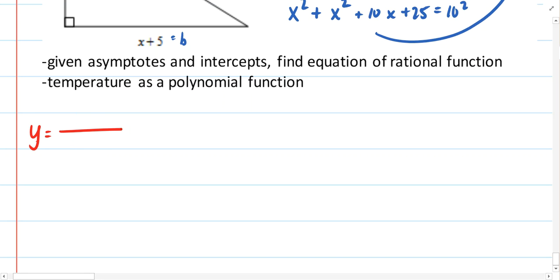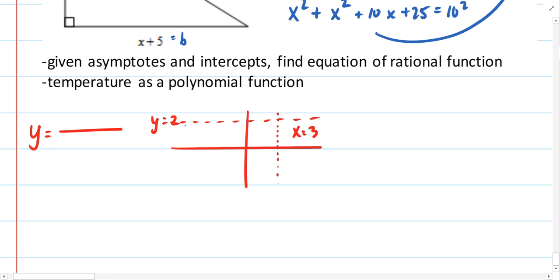Come up with the rational equation if we're told that there is, say, a vertical asymptote at x = 3, and if there's a horizontal asymptote at y = 2. What would it take to build an equation that has those components? And show me what that would be.